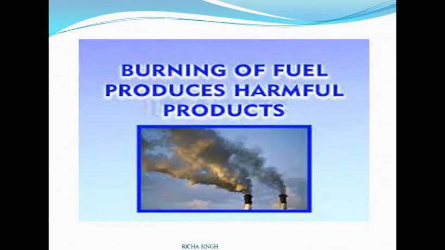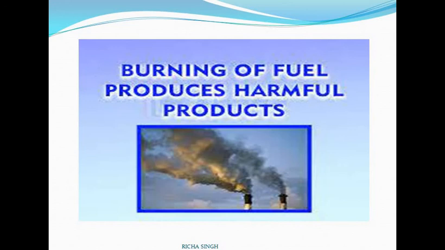Now when you burn a fuel, it produces certain harmful products. The most important pollutant that is produced is carbon monoxide. It is very dangerous. When it is inhaled, it combines with hemoglobin in the blood, and thus the blood cannot carry oxygen. This causes deficiency of oxygen and results in suffocation and even death.